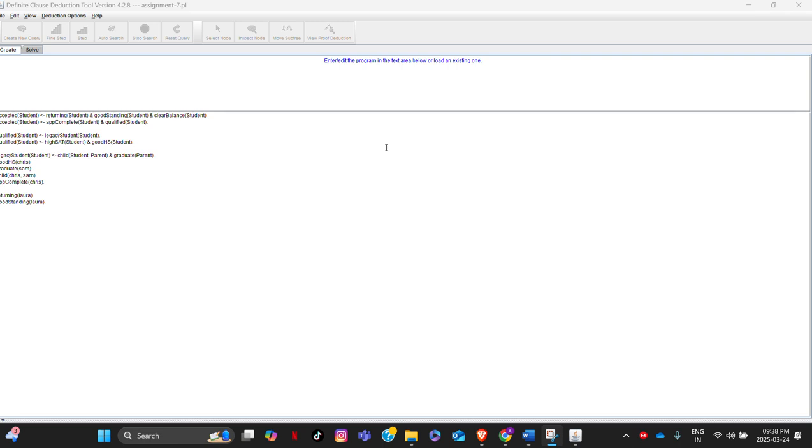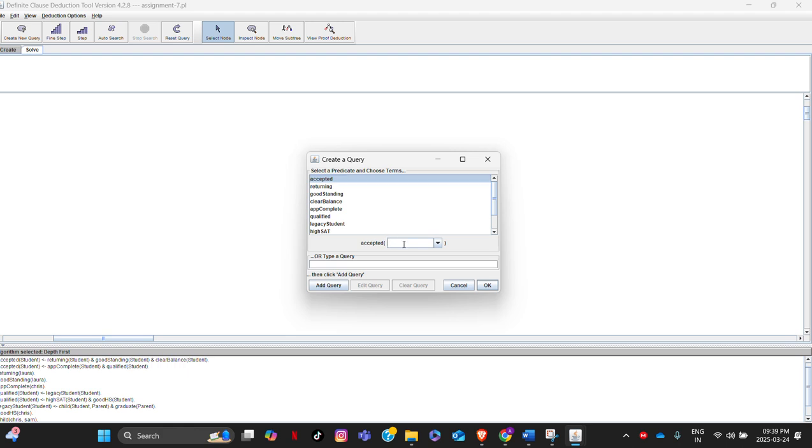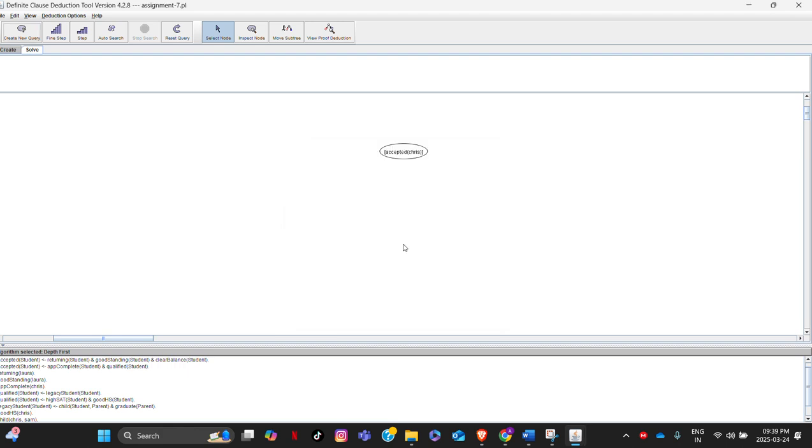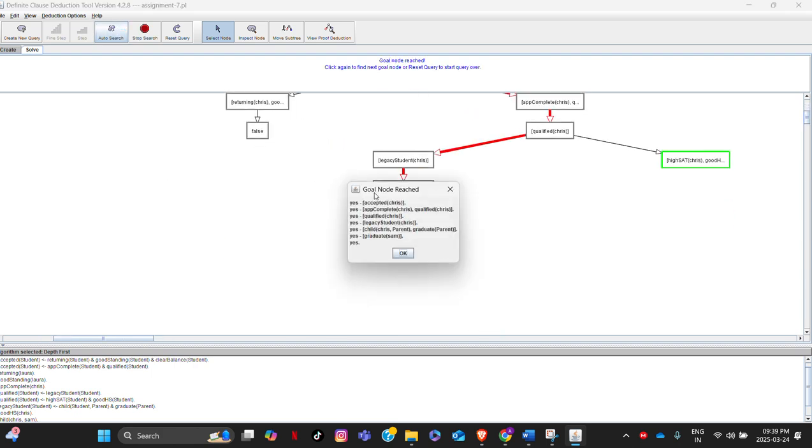Using the AI Space definite clause debugging tool, I simulated a top-down proof procedure for the query accepted Chris. As you can see, the end result is a yes, as my theory suggested.